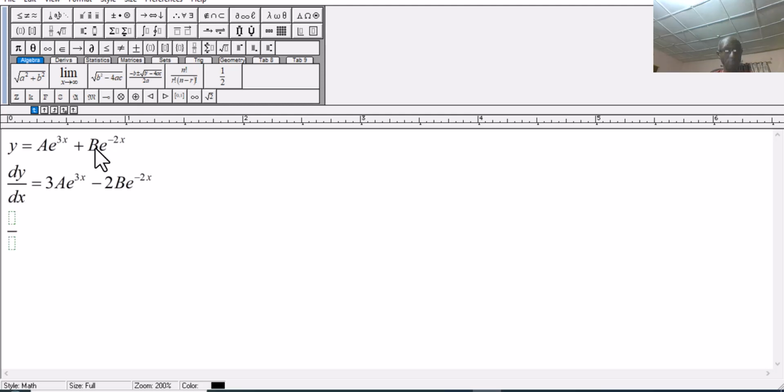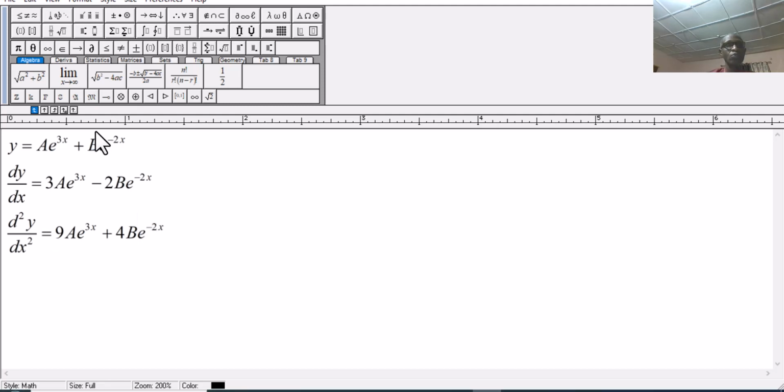The second one, d2y/dx squared, will be 9a e raised to 3x plus 4b e raised to minus 2x.